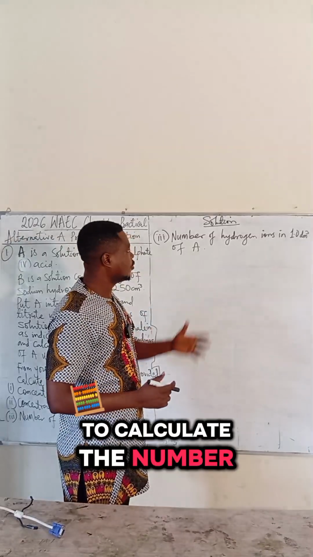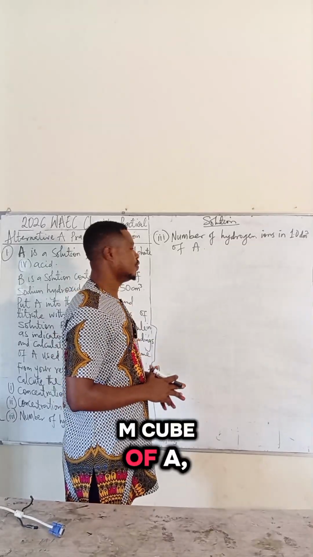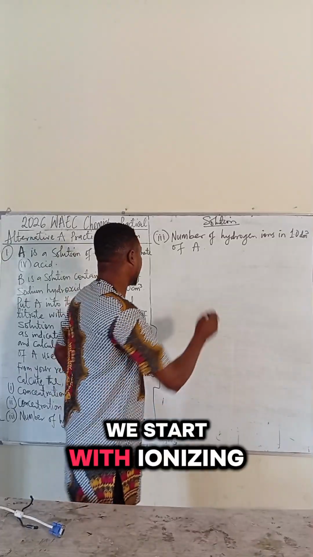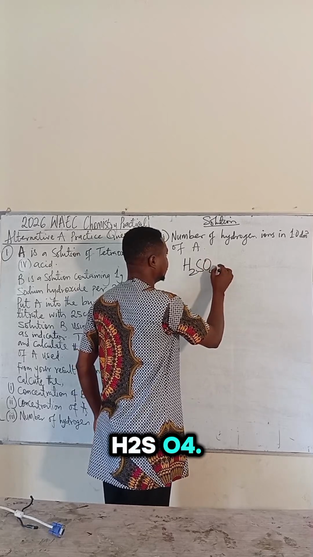To calculate the number of hydrogen ions in 1 dm cube of A, we start with ionizing H2SO4.